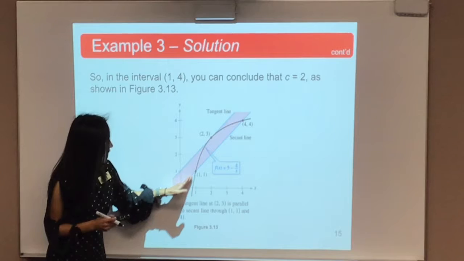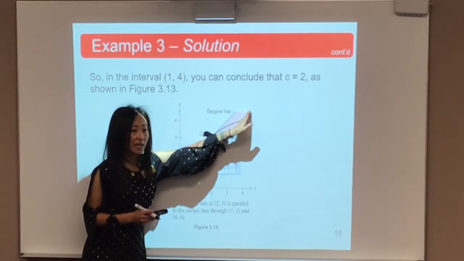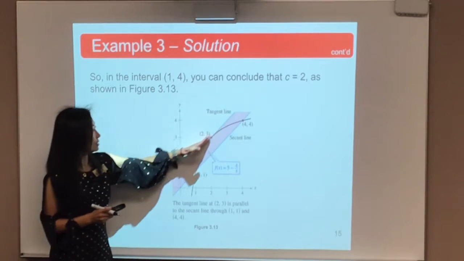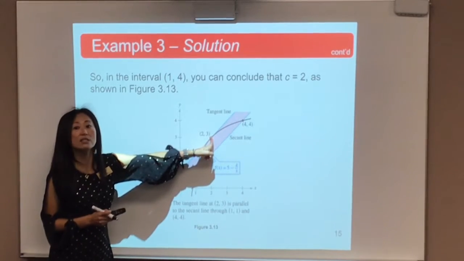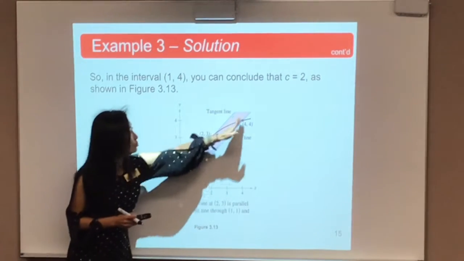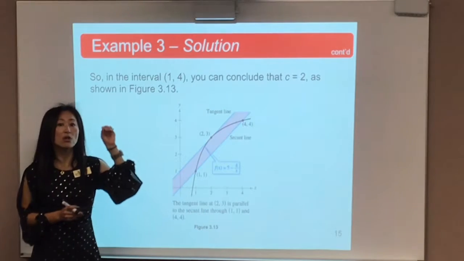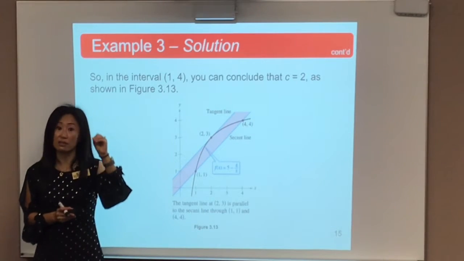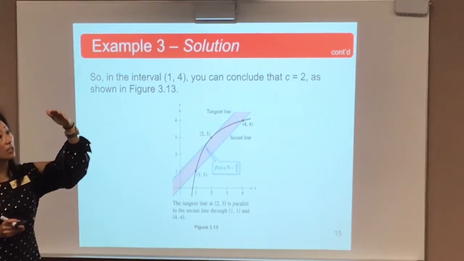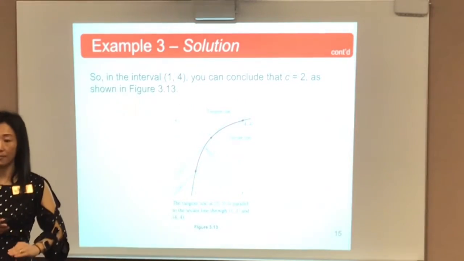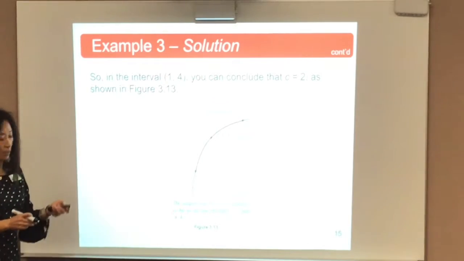I can draw a line through my endpoints, and I can find a tangent line. Well, this is a half. In other words, this is an average of these 2 points. That's what's called mean. Mean means average, the mean value theorem. Rolle's theorem guarantees either you will have a maximum or a minimum. Are you with me, class? This is it.